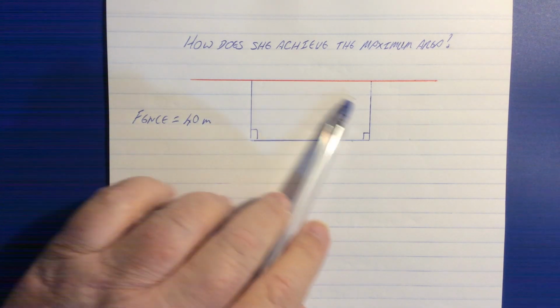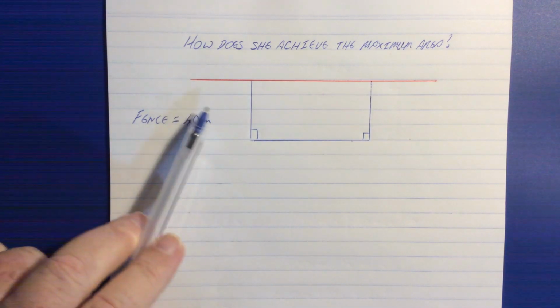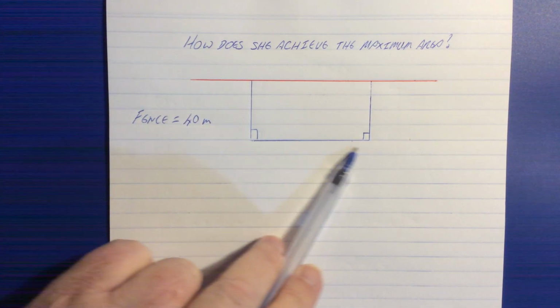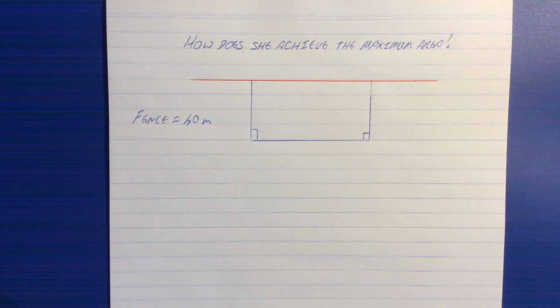Today we're trying to figure out how a person achieves maximum area of enclosure when there is a fence along here and they have 40 meters of fencing available to them. Now, most people know that a square is the most efficient rectangular way in which to enclose space.